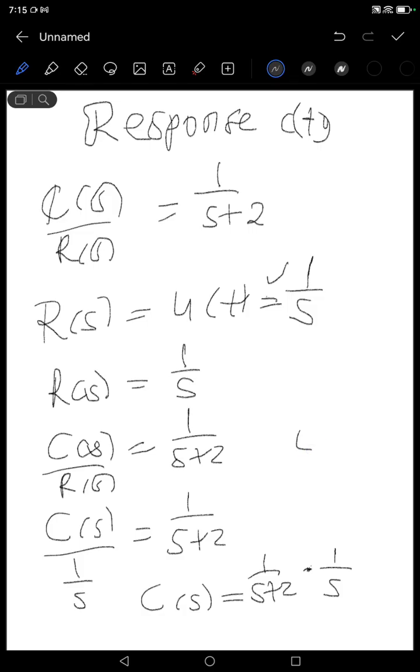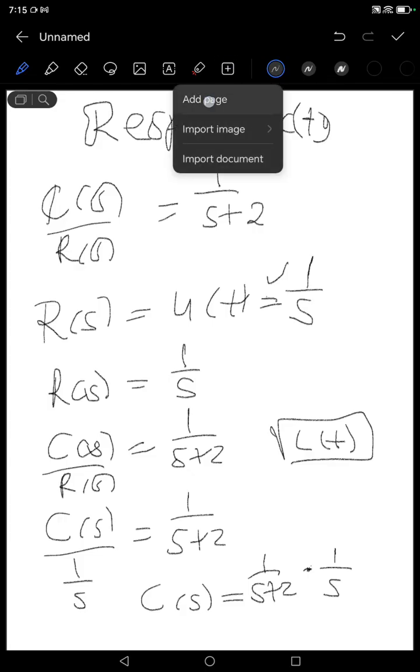Remember, we're looking for c(t). So here we're going to do the inverse Laplace. So after writing C(s) as the subject of the formula, we're going to introduce the inverse Laplace so that we can get this c(t). Okay, so we have C(s) as 1 over s plus 2 multiplied by 1 over s, like this.